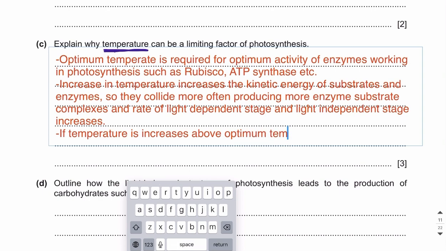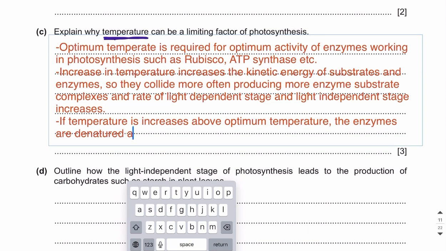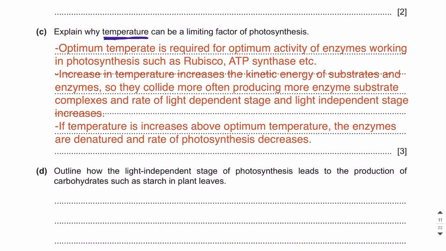If temperature is increased above optimum temperature, the enzymes are denatured. And rate of photosynthesis falls, or decreases, right? So this is a relationship between the temperature and the rate of photosynthesis, and because of this, temperature can be a limiting factor in photosynthesis.